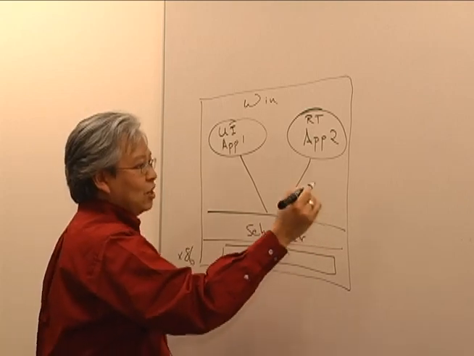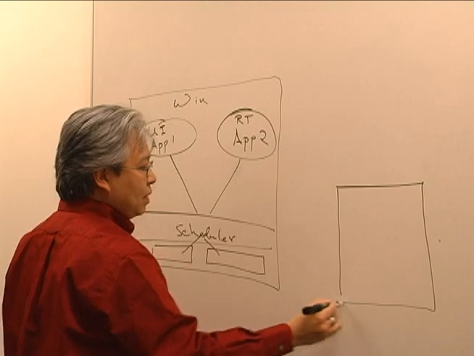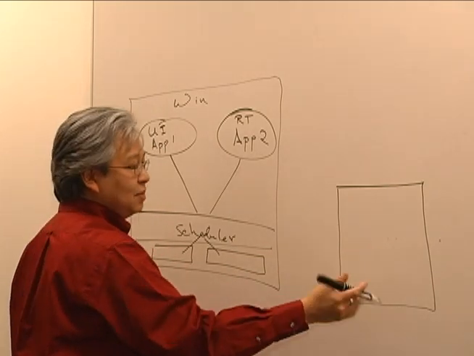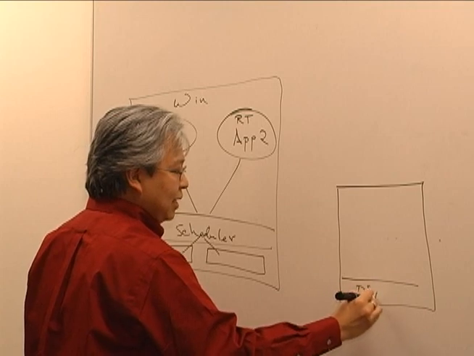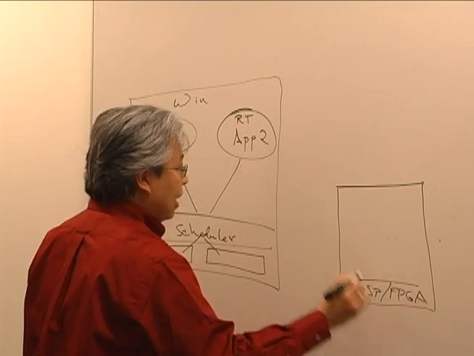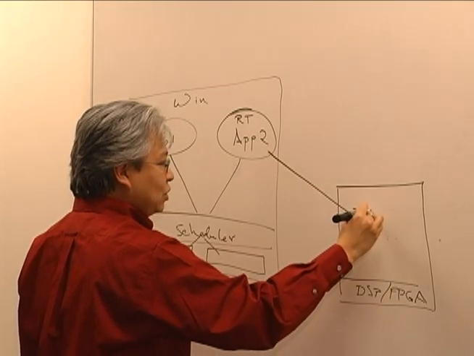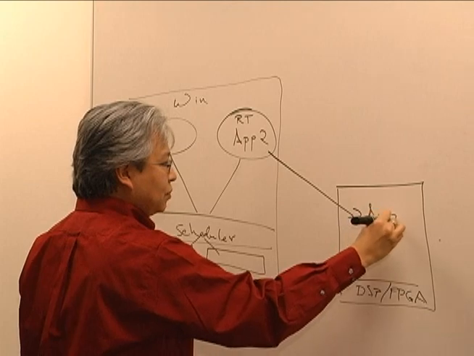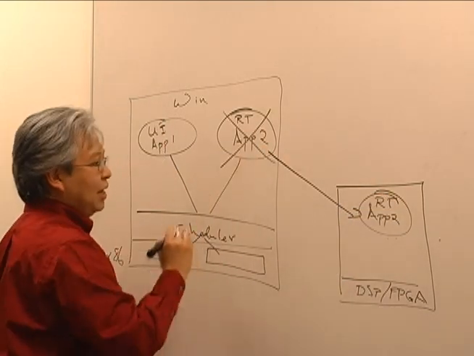So what some people do to get more performance is they actually create another subsystem here with actually a different device. So this can be something like a DSP, this can be like an FPGA, and they actually move this app all over into this subsystem. So here's now your app 2 real-time portion, and we'll move it out of here.